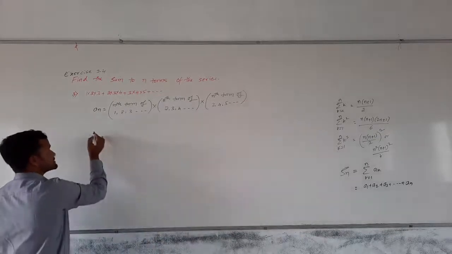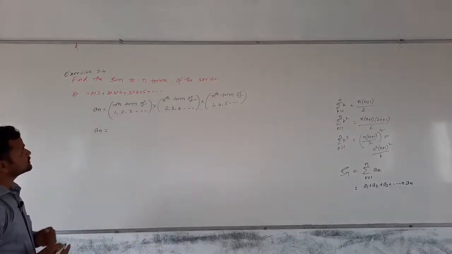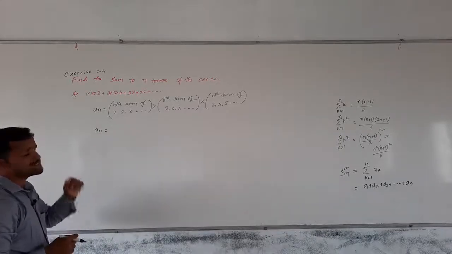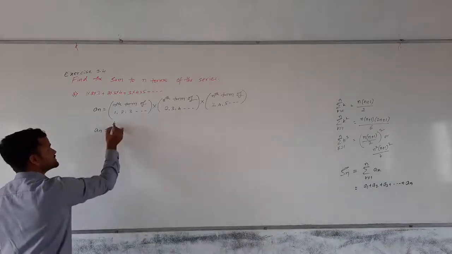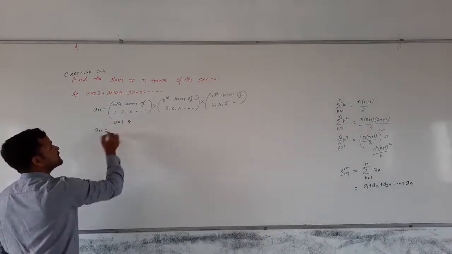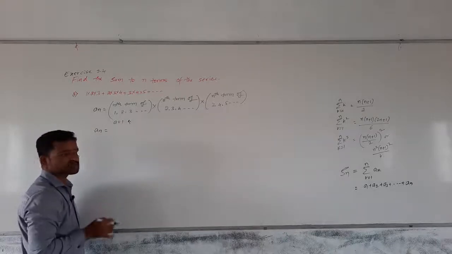The nth term of this series I am going to find. An is equal to, see 1, 2, 3, you can observe it is in arithmetic progression with a equal to 1, and the number of terms is n.